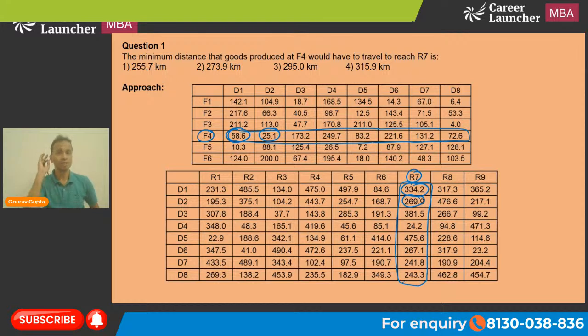Just keep noting down the minimum value that has been calculated up till now. Now the next distance, if I use D3, will be 173 and 381, which will certainly be more than that, which is higher.